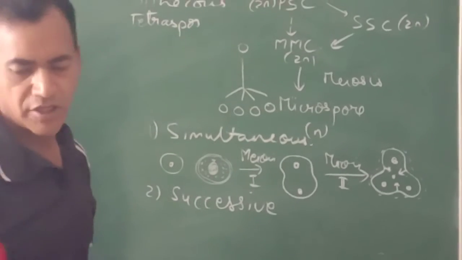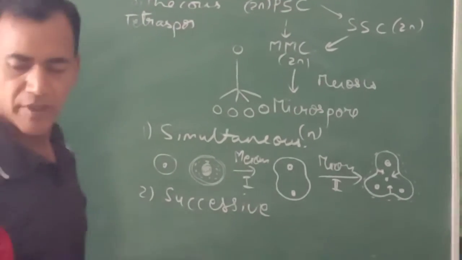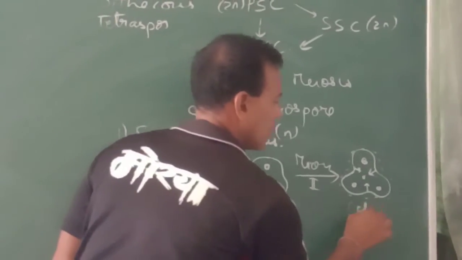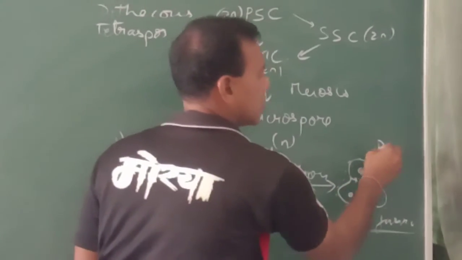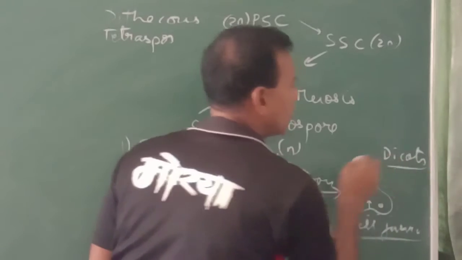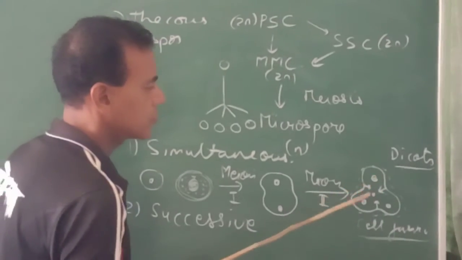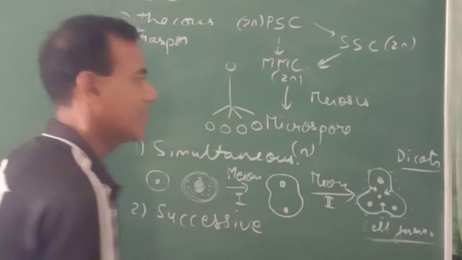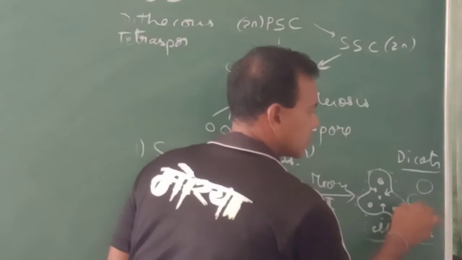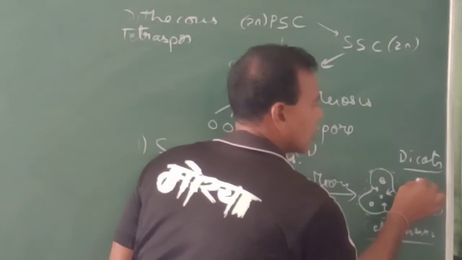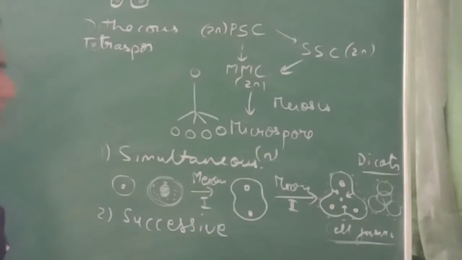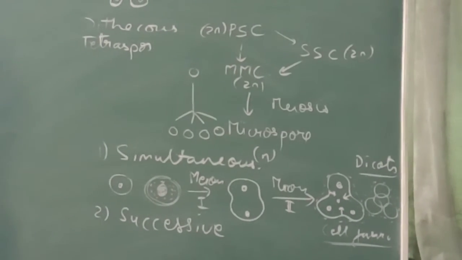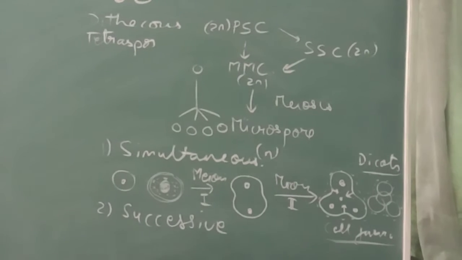The wall formation is by the cell-furrow method, and this method is very common in dicots, in which 4 spores are arranged in a tetrahedral tetrad like this, covered by a callose wall. And this situation is also found in some monocot families like Juncaceae.